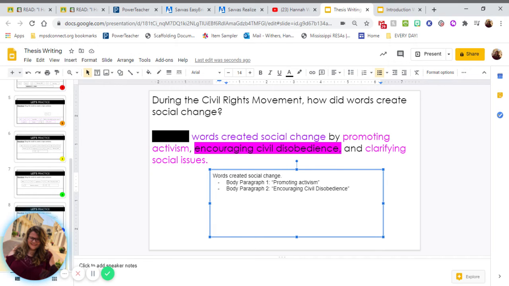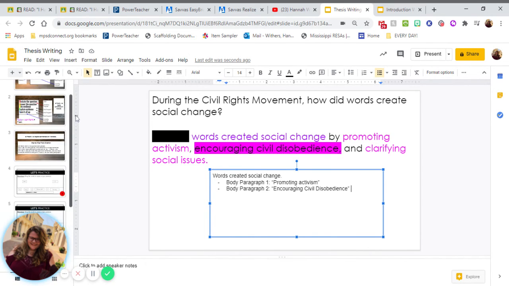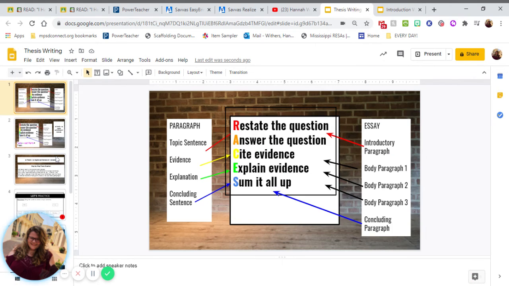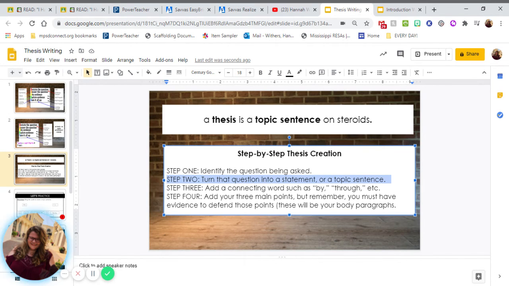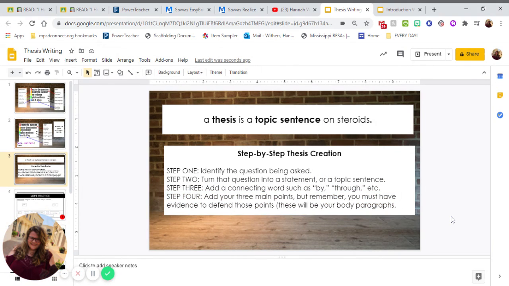We need to be remembering that this is what our body paragraphs are going to be about, and also that it's not that complicated. All we are asking you to do is look at what you got, right? Look at your question, find that question, turn it into a statement or topic sentence, add a connecting word, and then give your 3 main points. I promise it's not as scary as it sounds.